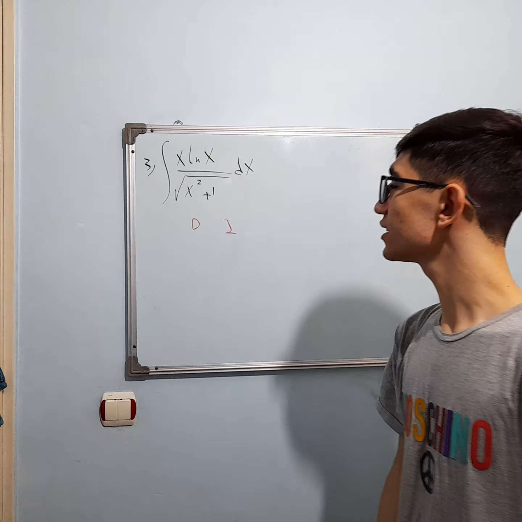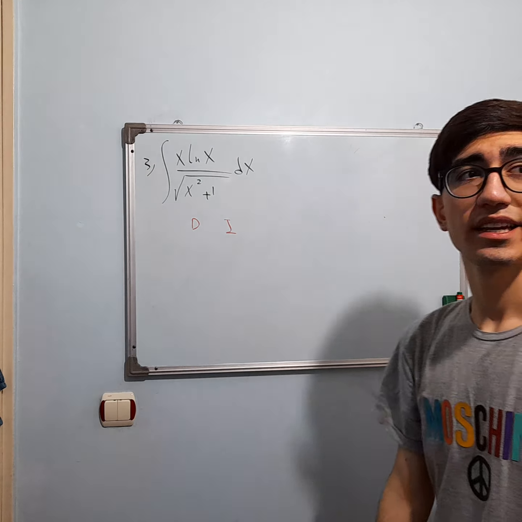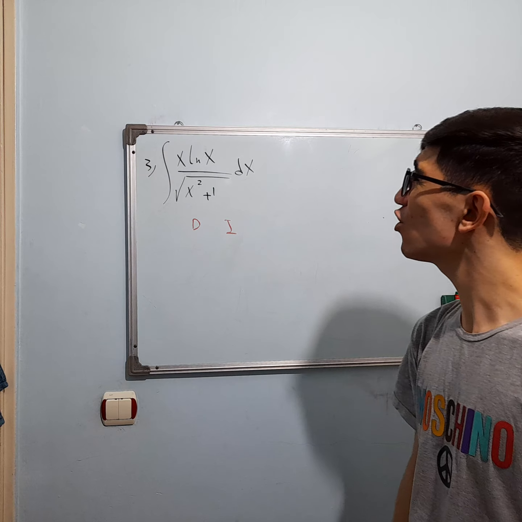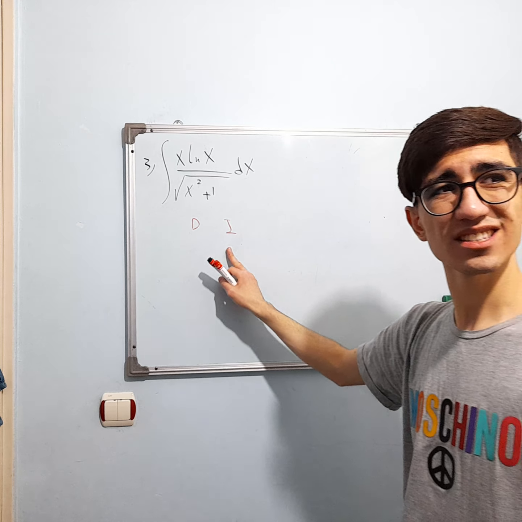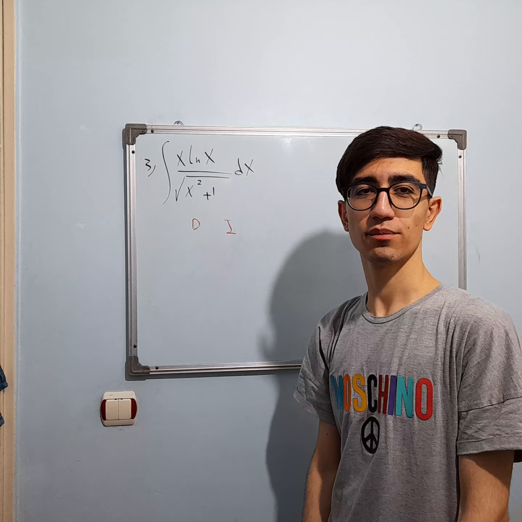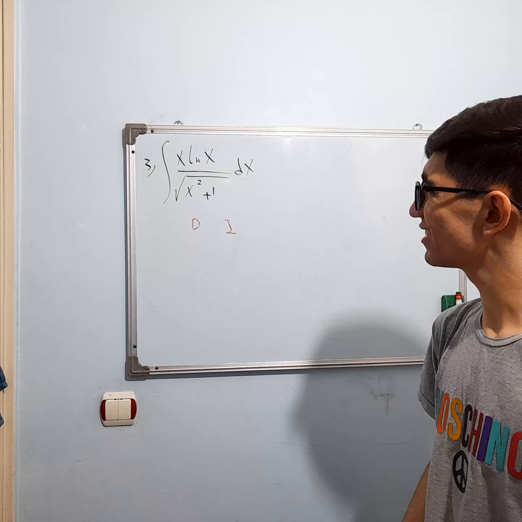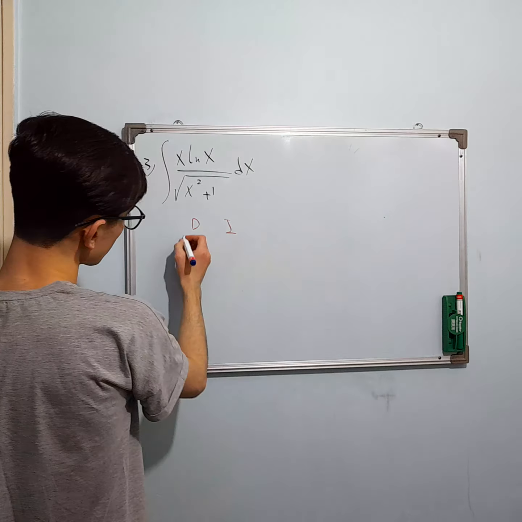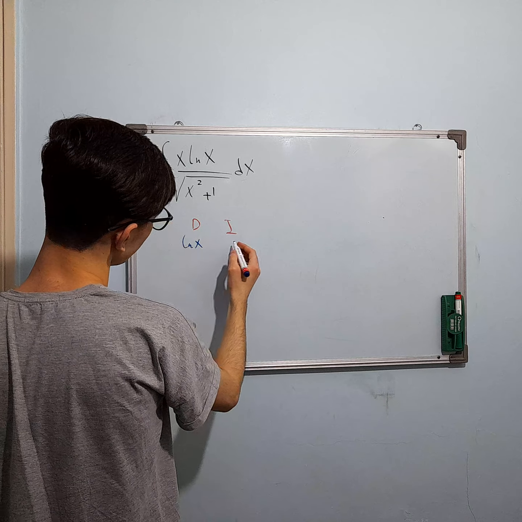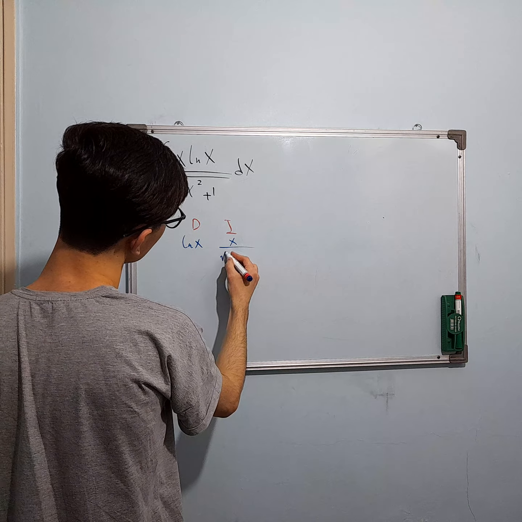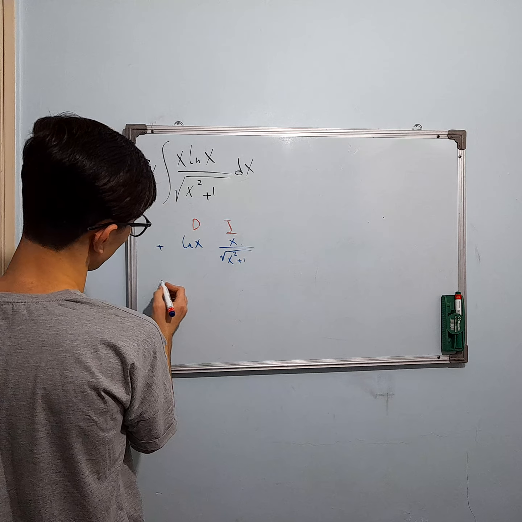For example, if I take ln x to be integrated, it will be so long and hard, because the integral of natural logarithm of x is another integration by parts, so it makes the integral much harder. So I differentiate ln x and integrate x over the square root of x squared plus 1, and don't forget the plus minus.